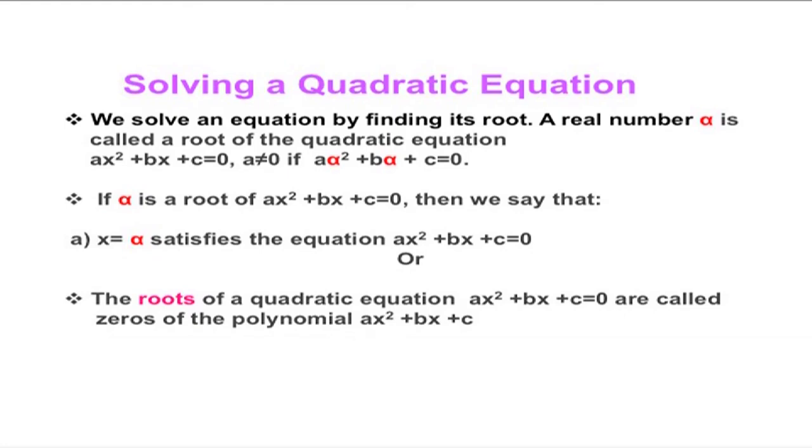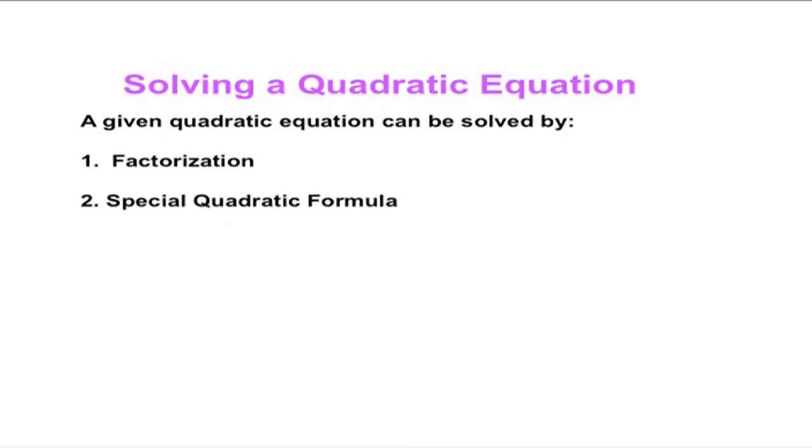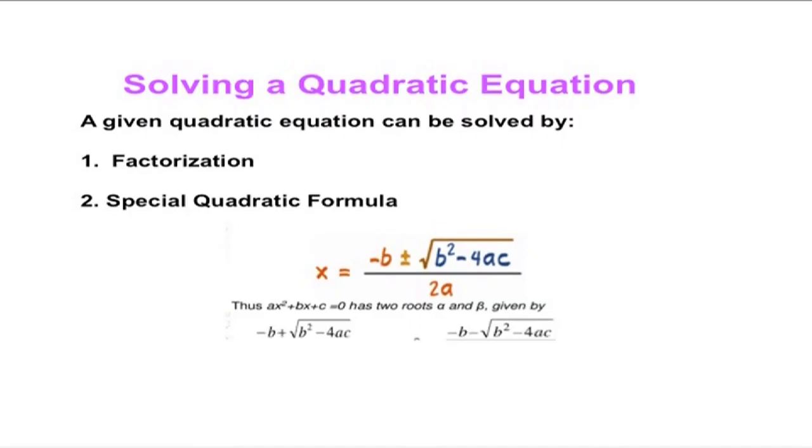A given quadratic equation can be solved by two particular methods. One method is factorization. Another method is the special quadratic formula, x = (-b ± √(b² - 4ac)) / 2a.